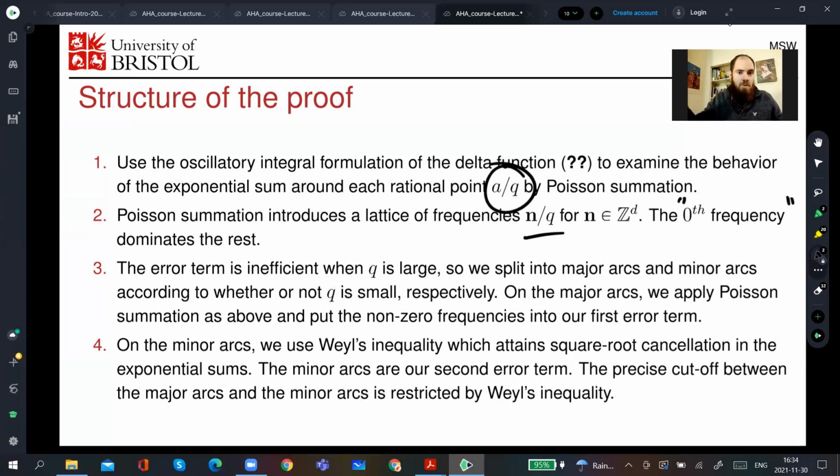The minor arcs, we use Weil's inequality once again. That'll give us almost square root cancellation. And on the major arcs, we're going to use that Poisson summation bound and the 0th frequency dominating the rest. So the rest are going to be the first part of our error term. The minor arcs will be the second part of our error term.